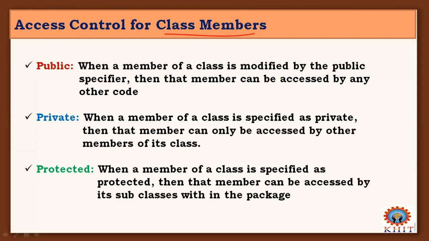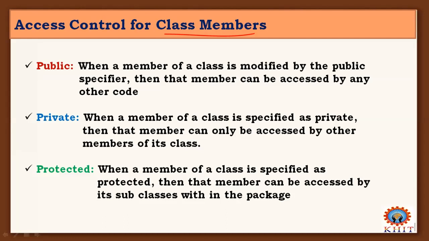A public member of a class means that when a member of a class is modified by the public specifier, that member can be accessed by any other code inside and outside of the class. A public member can be accessed outside of the class through an object of the same class. These are the things you are already familiar with from the C++ language, classes and objects.